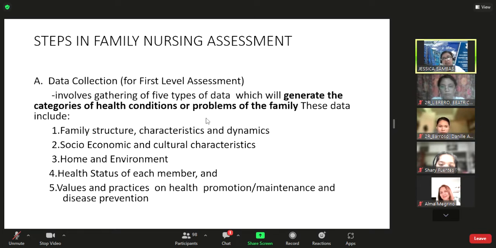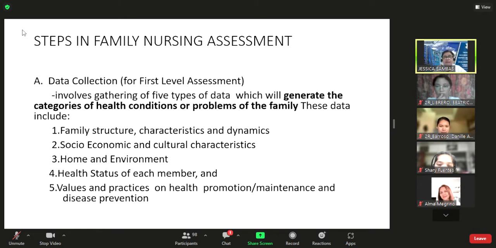Assessment involves a series of actions for us to determine how the family is functioning as a system: how they function as a unit, how they perform activities to promote their health and prevent illness, and, in the event that a member of the family is already infected with a disease, how they restore the health of that family member and how they make use of the available facilities.